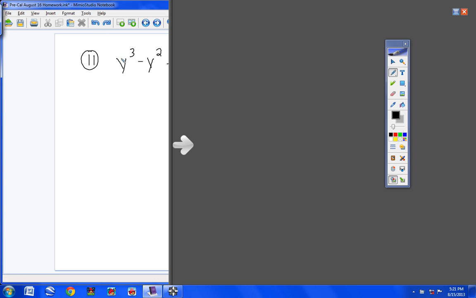I can't pull 3 away from both of them, but I can pull out 2. So I pull out y squared, put your parentheses, y squared times y would give you y cubed. Now think about this, y squared times blank would give you negative y squared. Well, y squared times negative 1. Anything times negative 1 just changes the sign. So y squared times negative 1 is negative y squared.